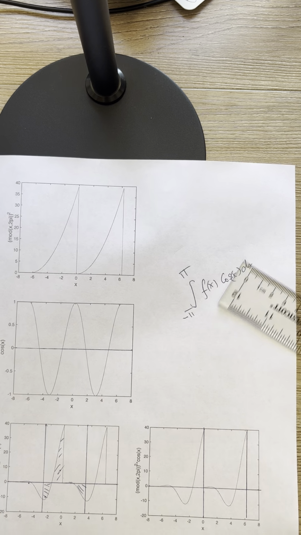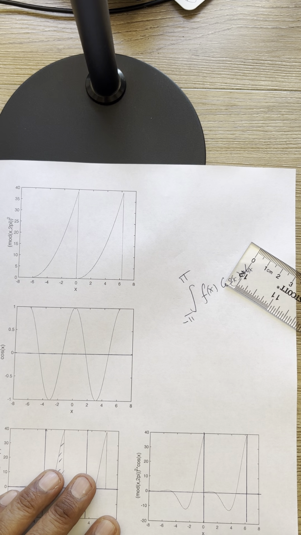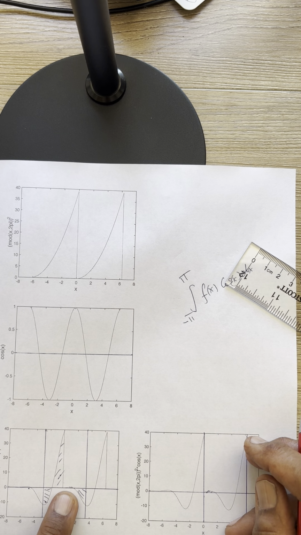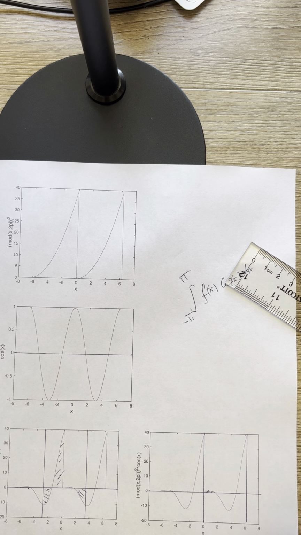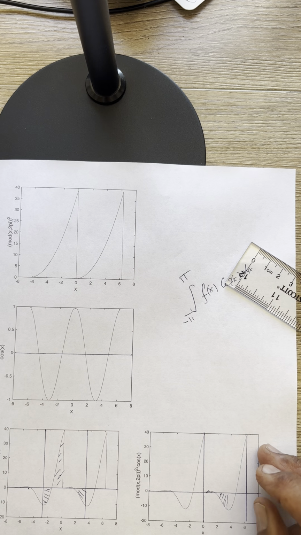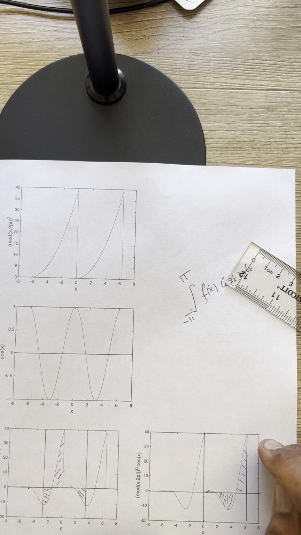So the integral 0 to 2 pi, from here to here, is a small positive area which matches that small positive area. And this negative area, and let's see, pi is somewhere there, matches that negative area. And then there's this negative area, which matches that negative area. And there is this positive area, which matches that positive area.